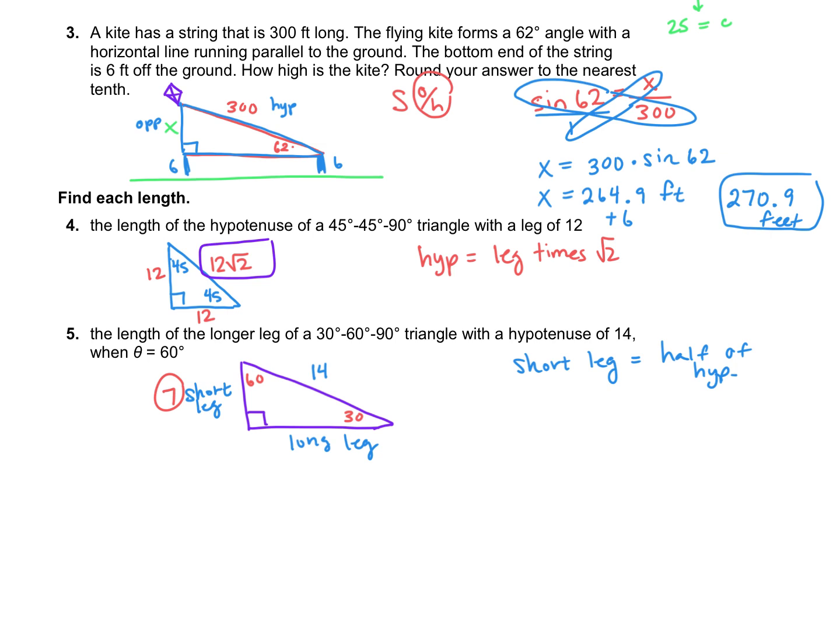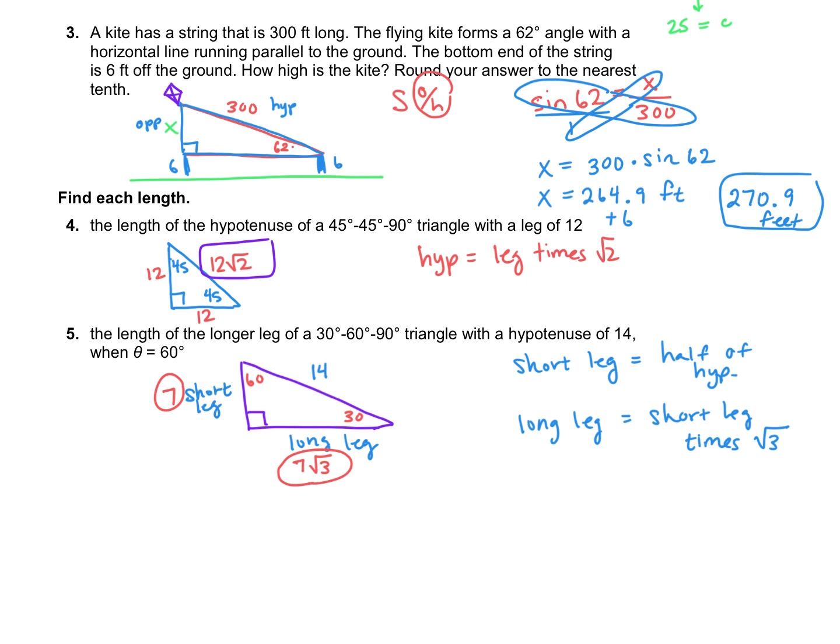All right, the long leg has a relationship with the short leg. The long leg is equal to the short leg times a square root of 3. So if we know that the short leg is 7, the long leg is the short leg 7 times the root 3.